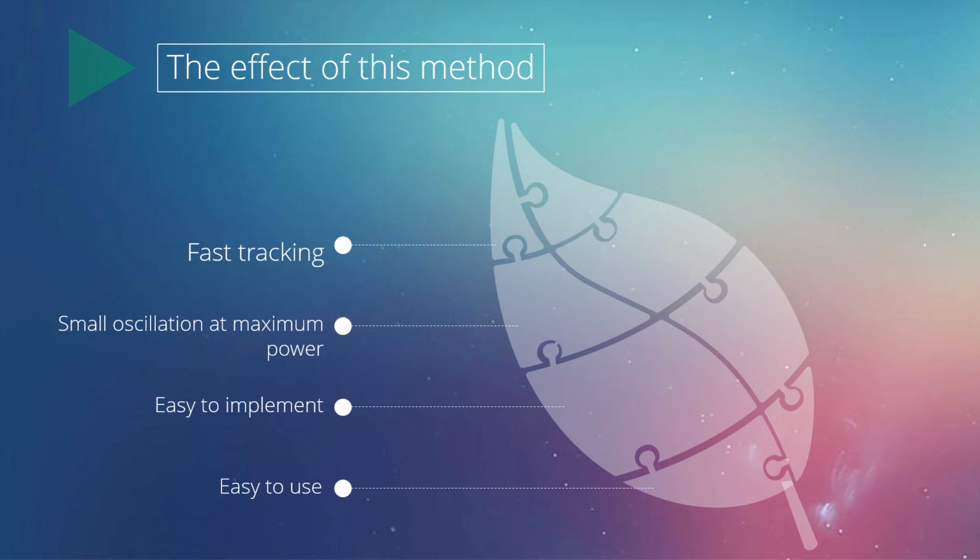The effect of this method has 4 advantages. The first one is faster tracking, and the second one is smaller oscillation at maximum power, and the third one is easy to implement, and the fourth is easy to use.